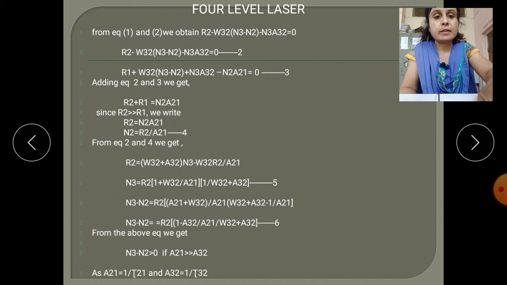As we define, A21 is equal to 1 by the time period T21, and A32 is also defined as 1 by the time period T32. This represents the time periods involved in the laser action, and that is how the laser action time is defined.